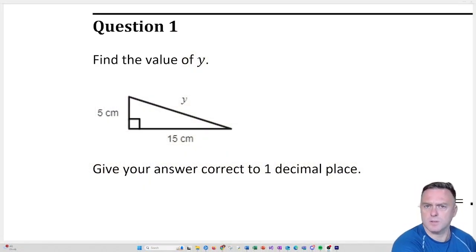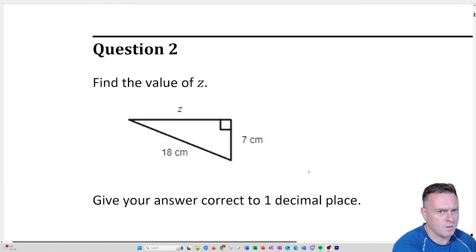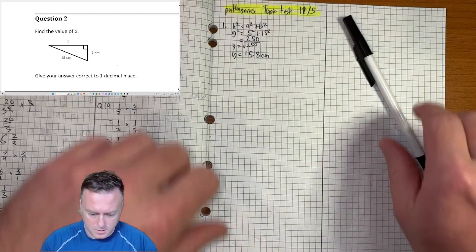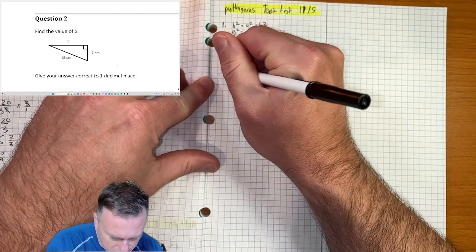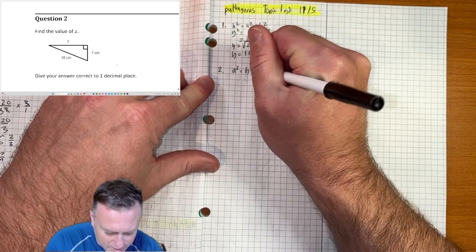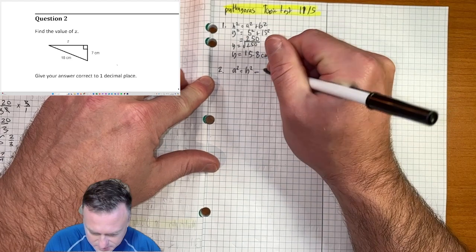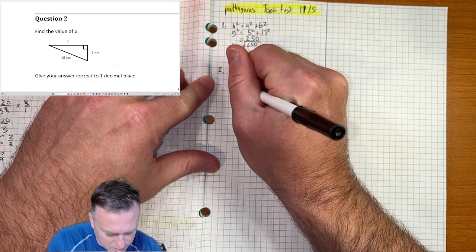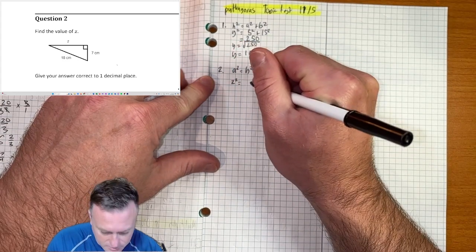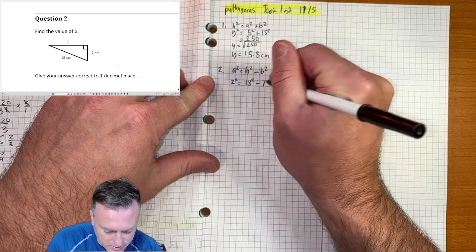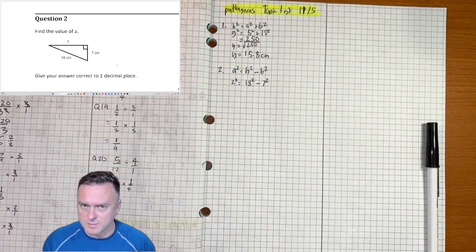Cool. Next question. Find z. So we're going to be finding the shorter side this time. So question number 2. Because we're finding the shorter side, we go a squared is equal to h squared minus b squared. And then we fill in the pronumeral that was used. So we go z squared is equal to 18 squared minus 7 squared, because 18 is the hypotenuse in this case.